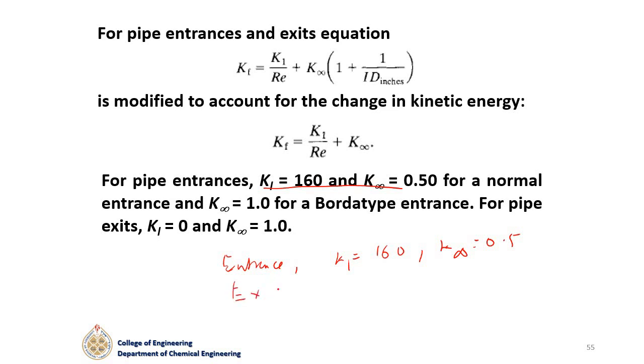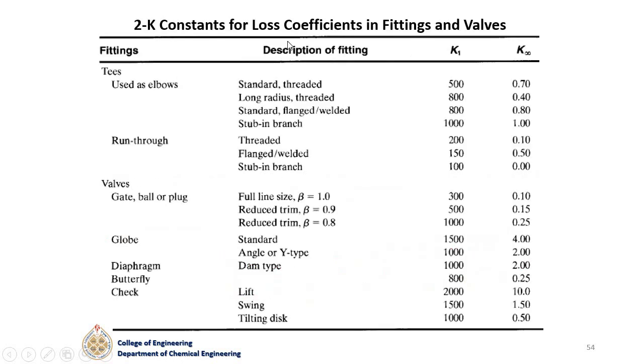And for exit, K1 is equal to 0, and K infinity is equal to 1. So here I can calculate my Kf. I'm going to calculate my Kf of entrance, my Kf of exit, and my Kf of whatever I have in the system: T, valves, globe.